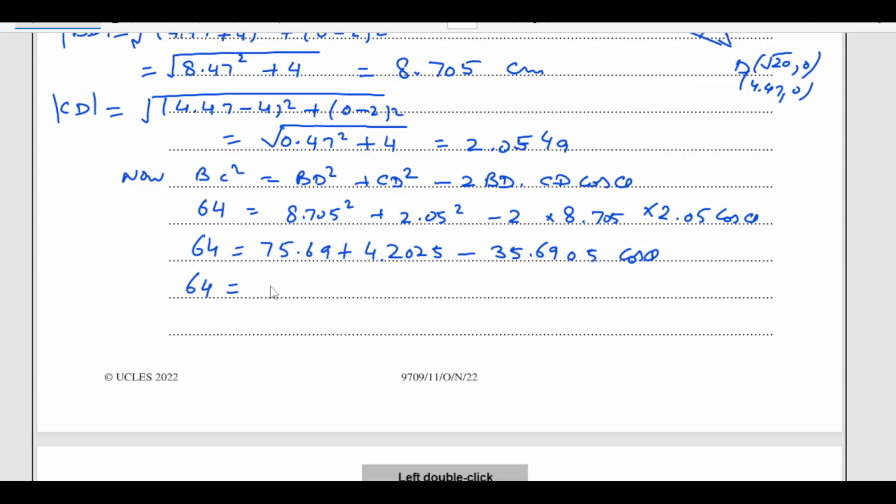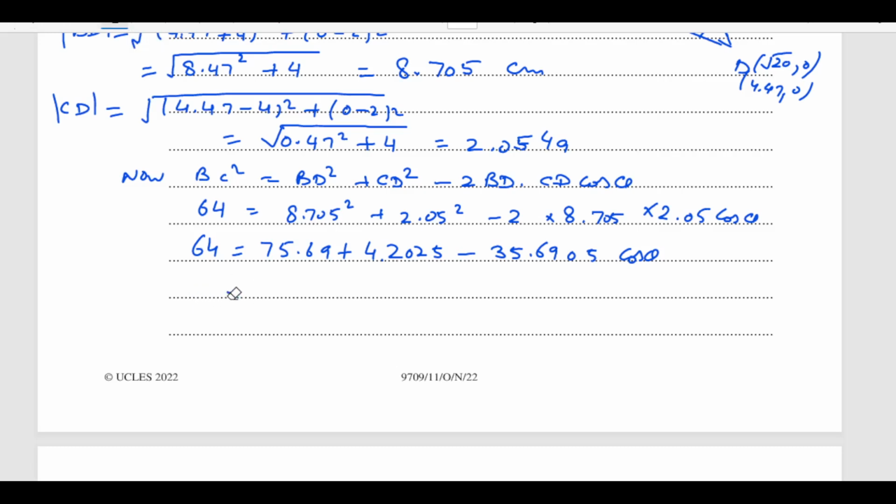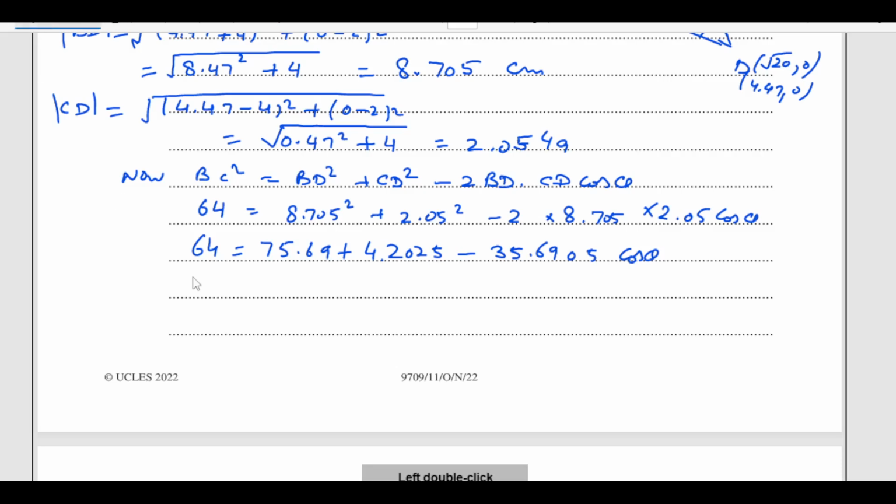So from here we have our cos theta. This is all 64 minus 75.69 plus 4.2025 equals 35.6905 cos theta.